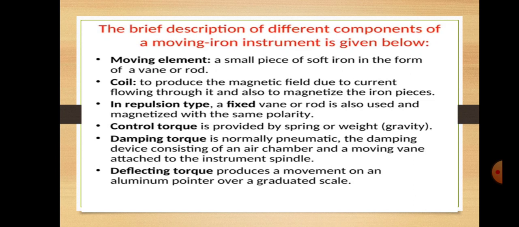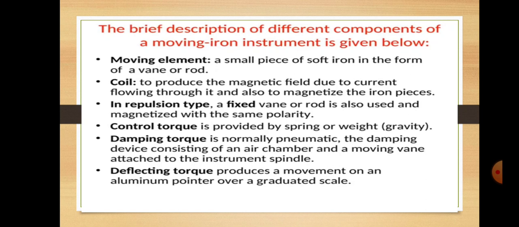As we know, in every measuring instrument we should have control torque, damping torque and deflecting torque, as these are the essential parts of measuring instruments. So all these torques are very necessary.